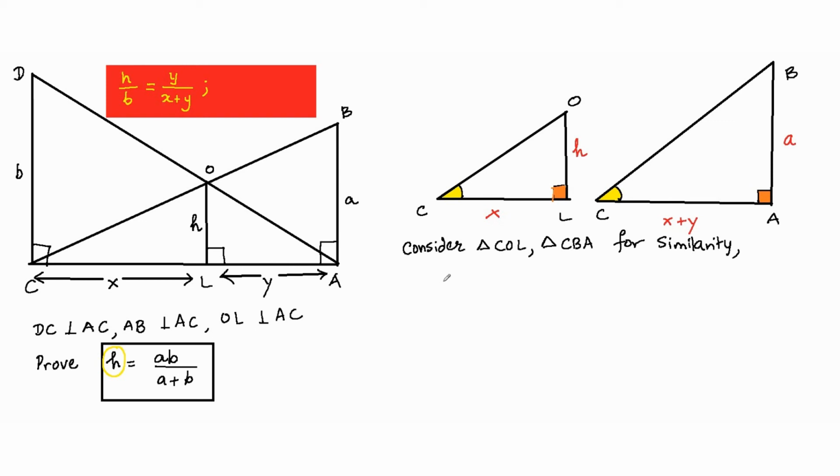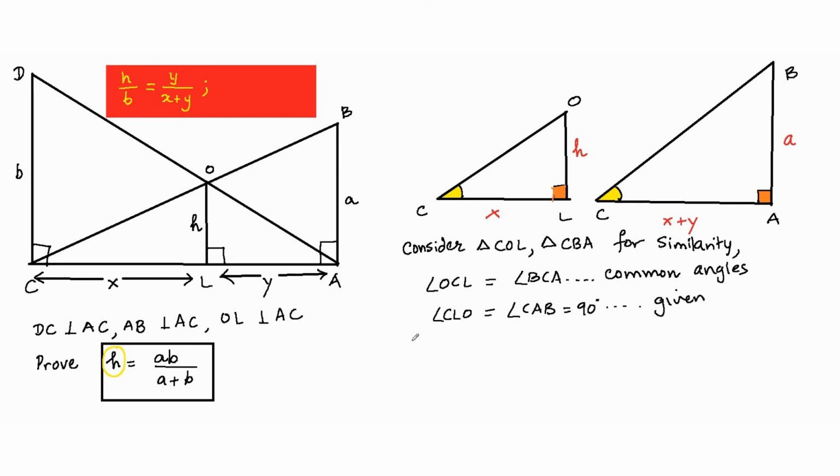So now we have angle OCL is equal to angle BCA because these are the common angles. And similarly, angle CLO is equal to angle CAB because these two are equal to 90 degrees. This is given to me in the question.